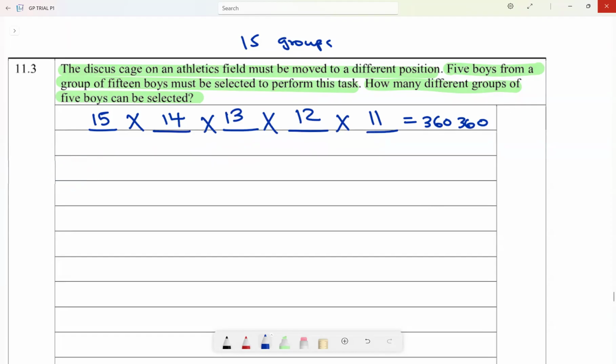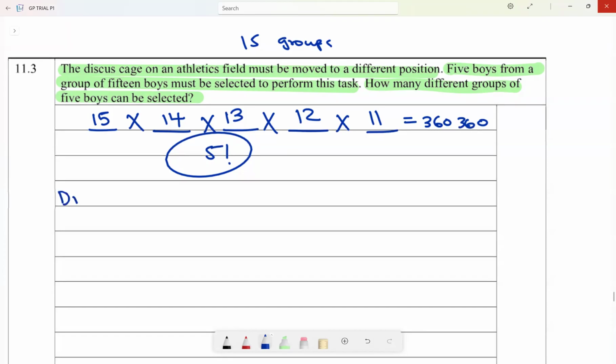Remember, it's not limited to one group, and there are ways in which I can arrange these boys. So I need to have 5 factorial because these boys can be chosen in any order. I need to consider that there are 5 boys that can be arranged in anyhow, 5 factorial ways. So now, how many different groups of 5 boys can be selected?